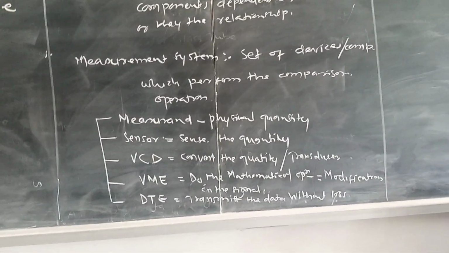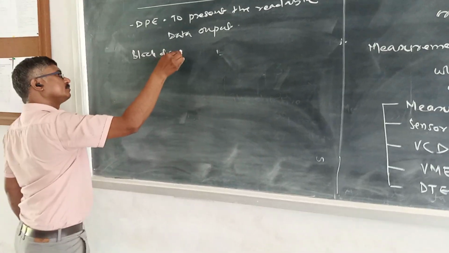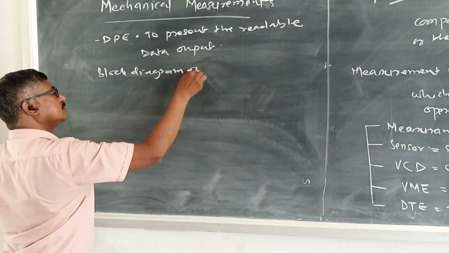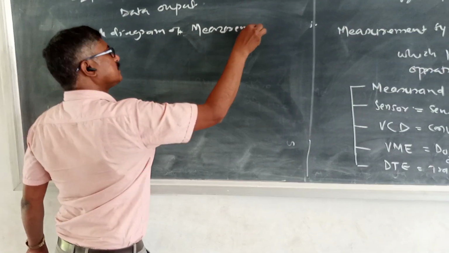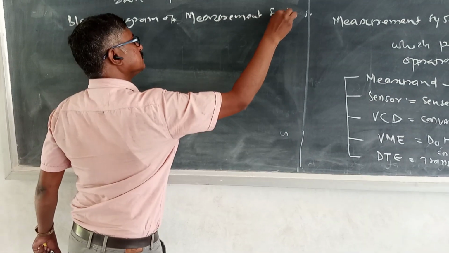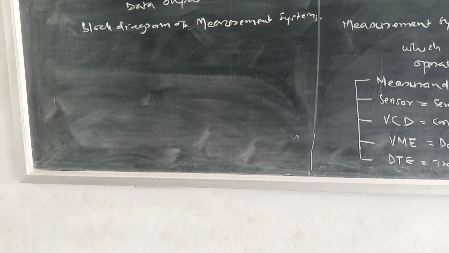If you see the block diagram of the measurement system, you will understand how they have the interrelationship.